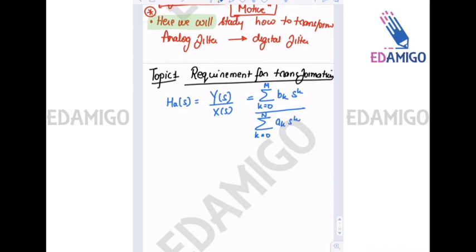So this is the transfer function. If we convert this transfer function into an equation, it can be written like this also.